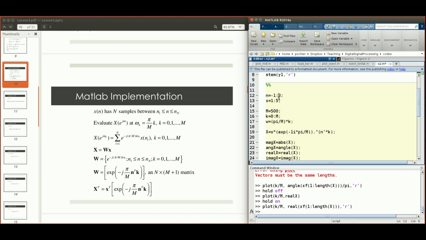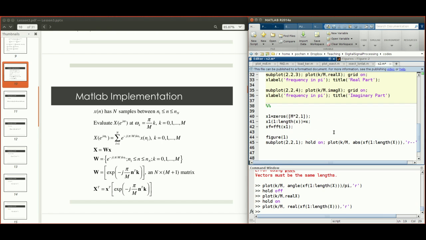So the horizontal axis has been taken into account in our own Fourier transform code. But when we called the Matlab FFT code, it's actually not utilizing the horizontal axis of the input function, right?